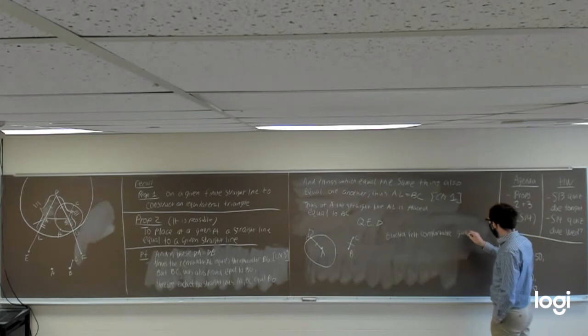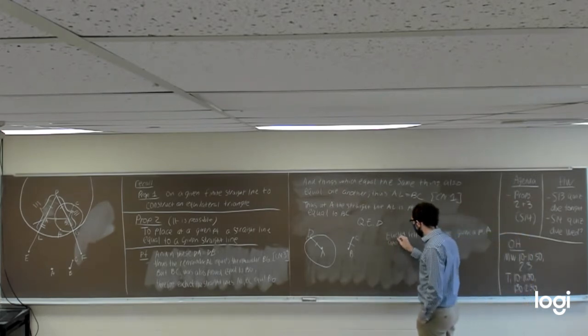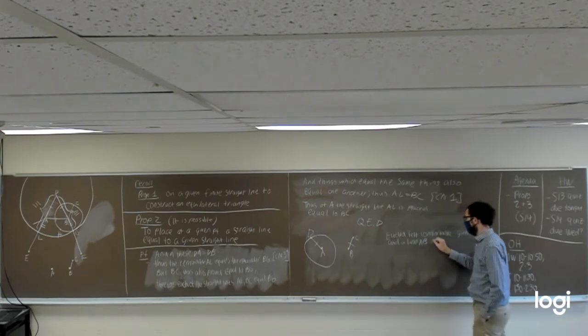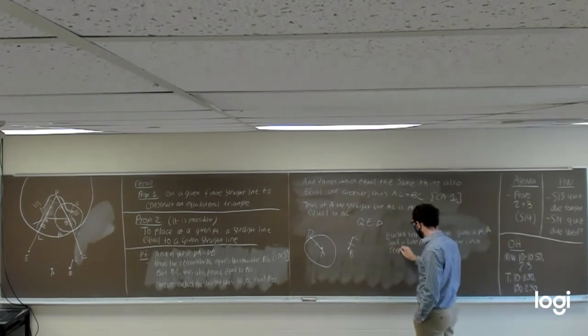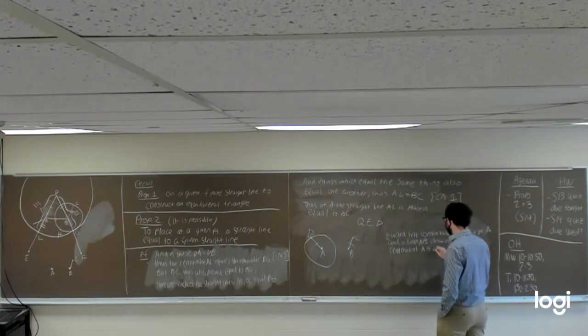given a point A and a line AB, drawing a circle centered at A of radius AB.